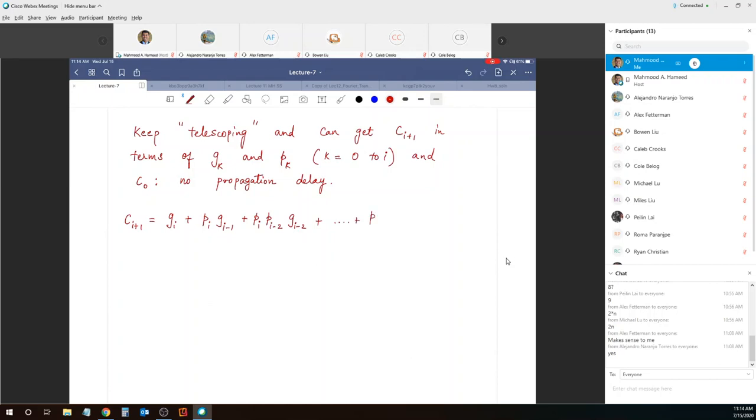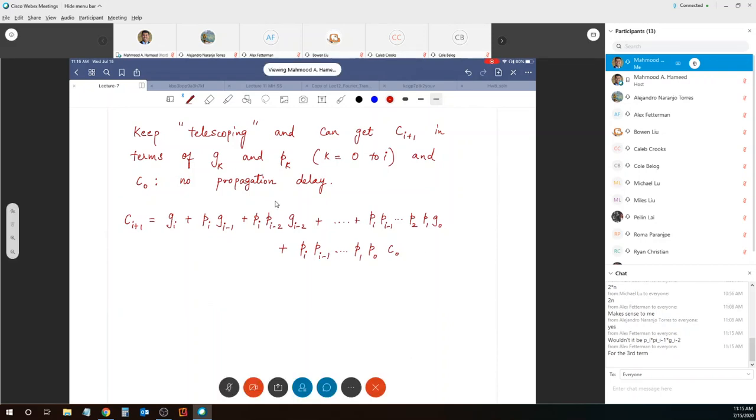And then you will have P sub i minus 1, product, P2, P1, G0, or P sub i minus 1, product, P1, P0, C0. So that will be the overall expression. I'm using the dots because the index will keep going down.